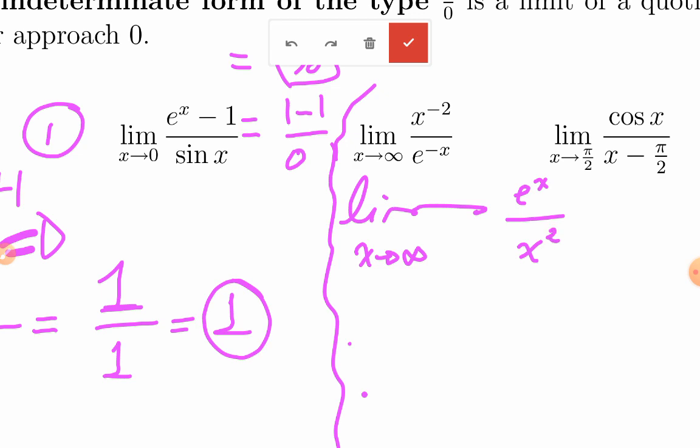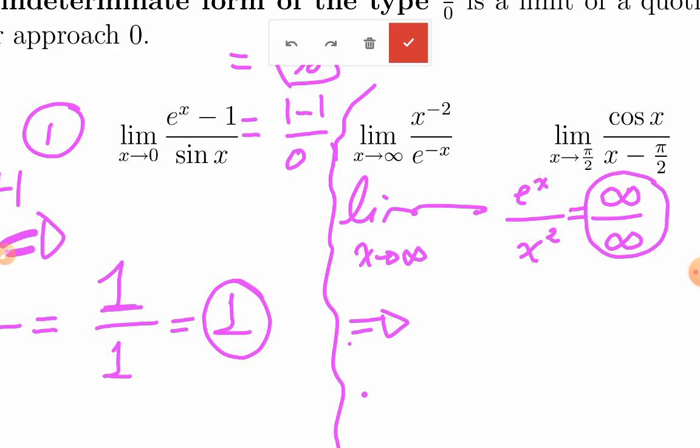And then apply the L'Hopital directly, since e to the power of infinity is infinity over x squared. Infinity squared will be infinity. Infinity over infinity is an indeterminate form.